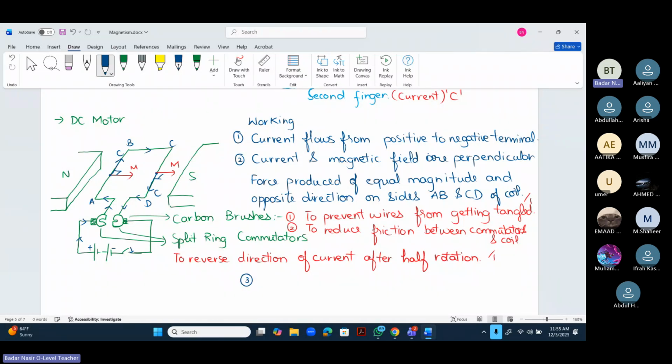तीसरी बात मैं इसमें ये कर देता हूं कि how can we determine the direction of force?